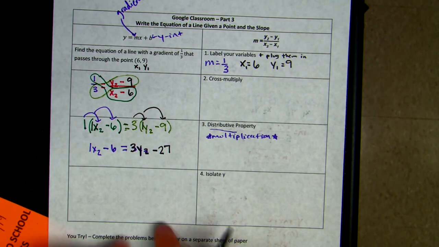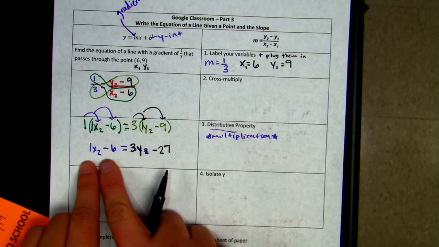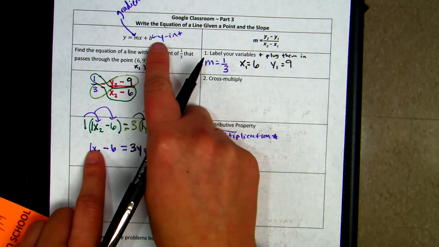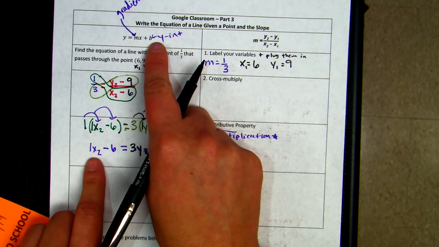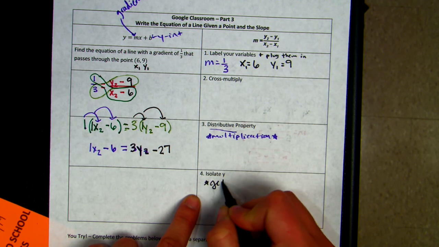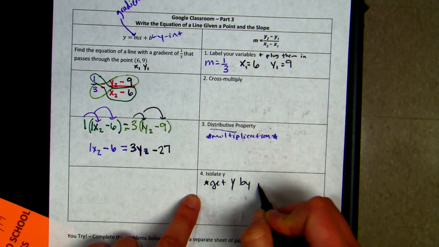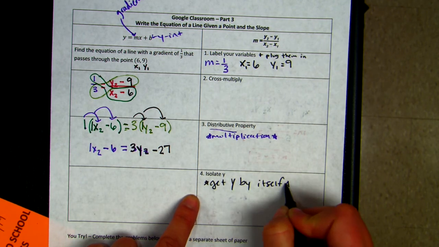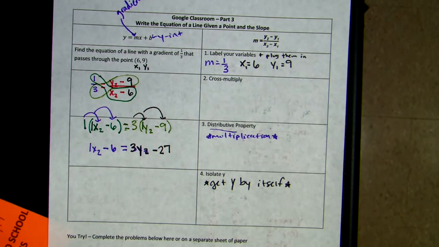Okay, so now I've distributed, but my equation doesn't quite look like my y equals mx plus b form. So the last thing I'm going to do is isolate y, or get y by itself, just like the way that this equation is written.